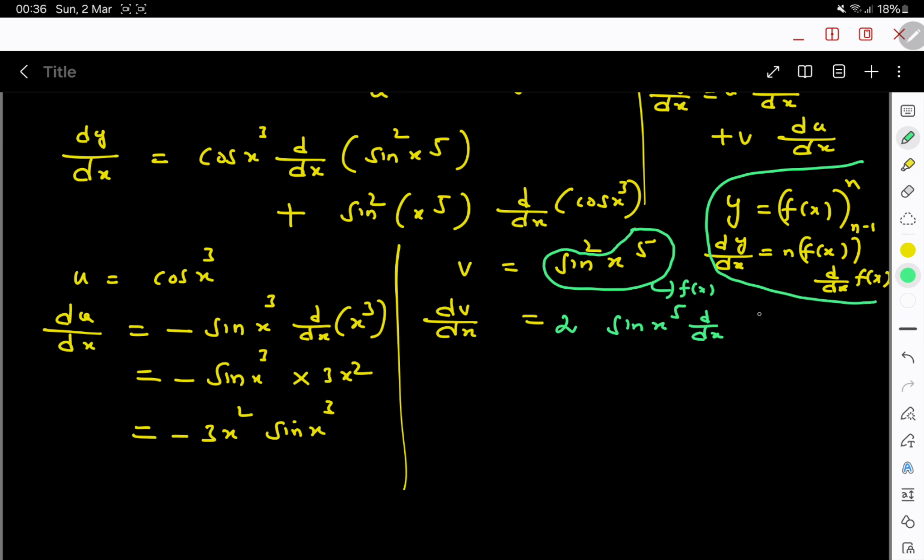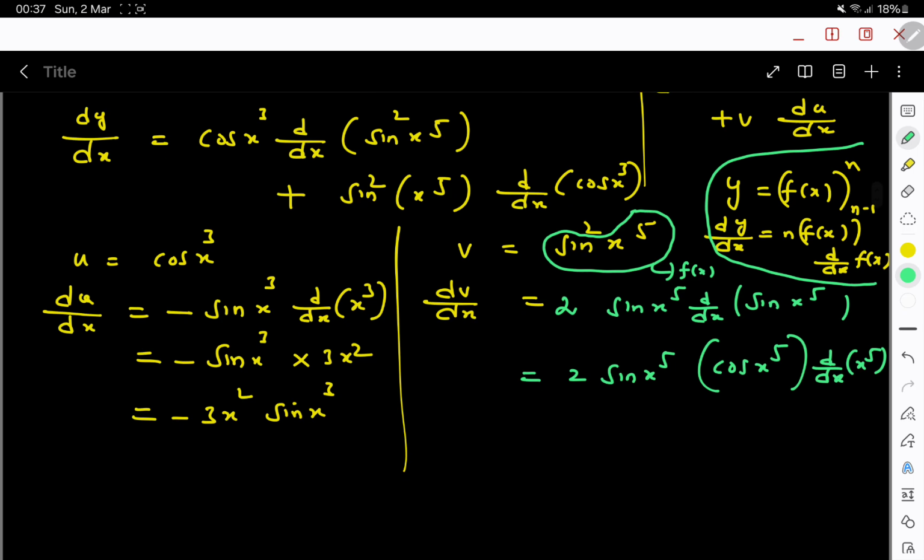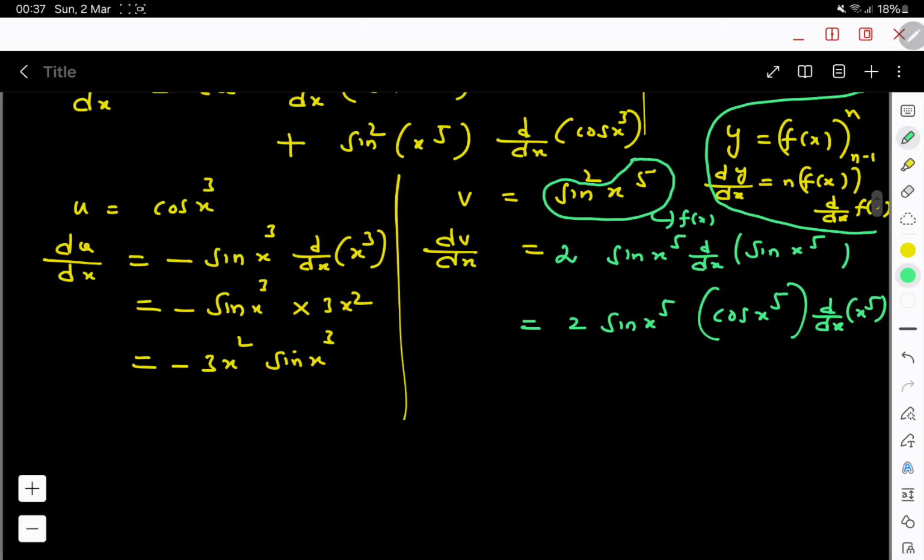So 2 sin x power 5, d by dx of sin x power 5 is cos x power 5, again differentiating x power 5, d by dx of x power 5 is 5x power 4.